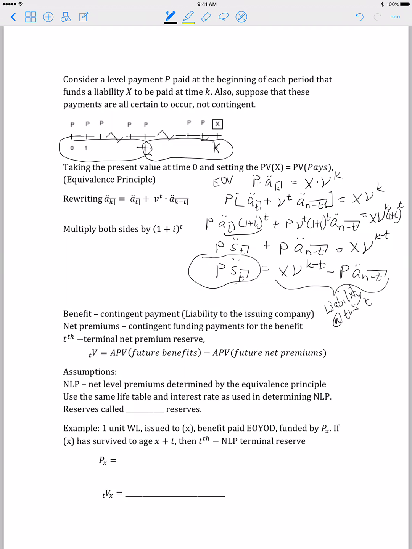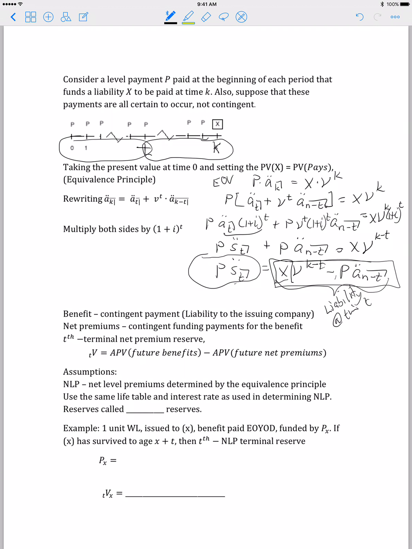Because it's the present value of the amount that we're going to have to pay at time K minus T. So that's money out, and we're subtracting the money that's going to come in during that time, which are the payments P, the remaining payments P for funding it. So this net effect is money out, and that is the net liability of the company that has to pay liability at time K.